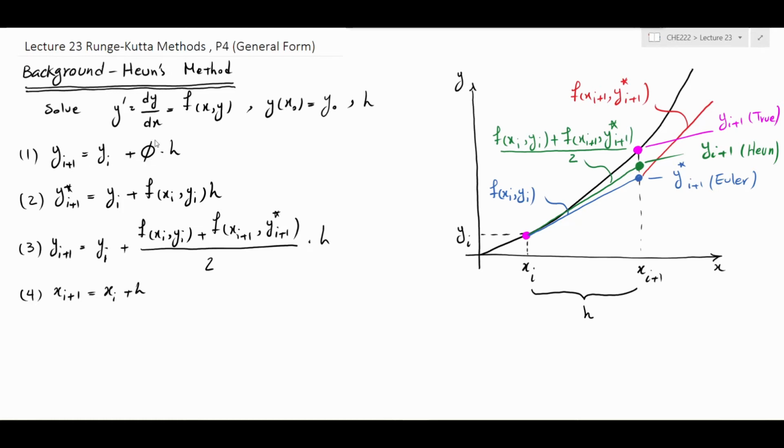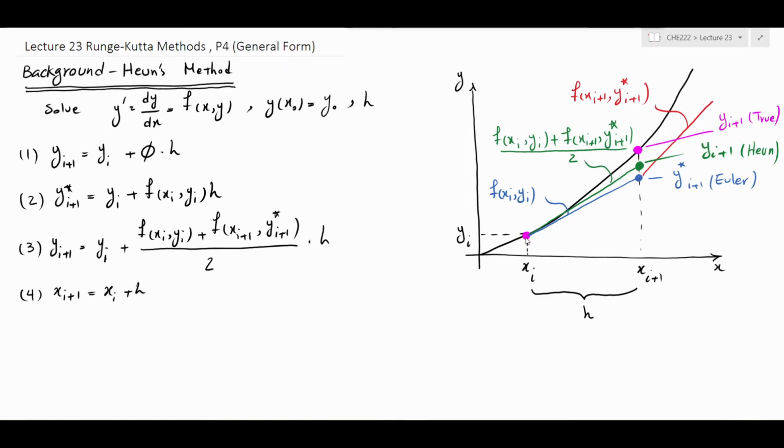In the Heun's method, we modified the Euler's method for estimating the slope of that line, and we chose the average of the slope of the curve at the beginning and at the end of the interval, which is more accurate compared to the Euler's method, which is just based on the slope of the curve at the beginning of the interval.